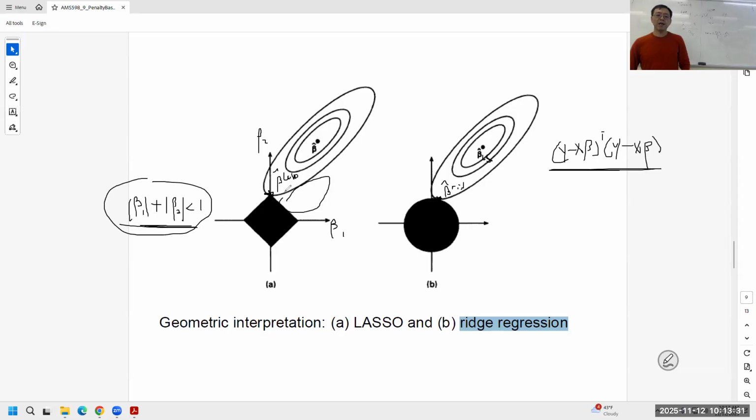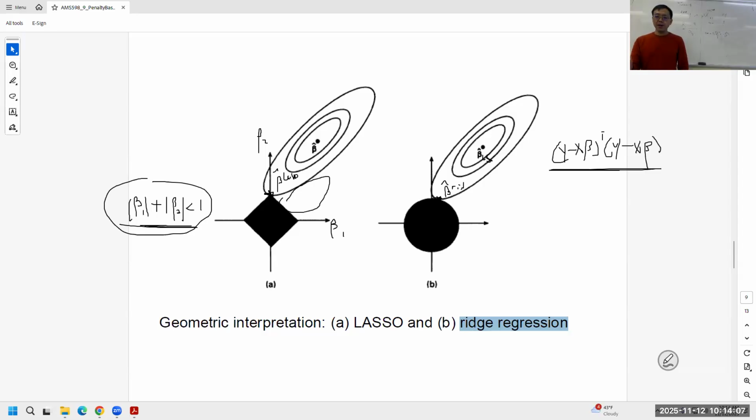That means your beta 1 is just 0, and beta 2 is going to shrink, it becomes smaller. So the lasso regression, what it does is sometimes it can shrink certain parameters down to exactly 0. For some other parameters, it will just shrink. So this is a slight difference. If you're using lasso regression, some of the parameters will become exactly 0.